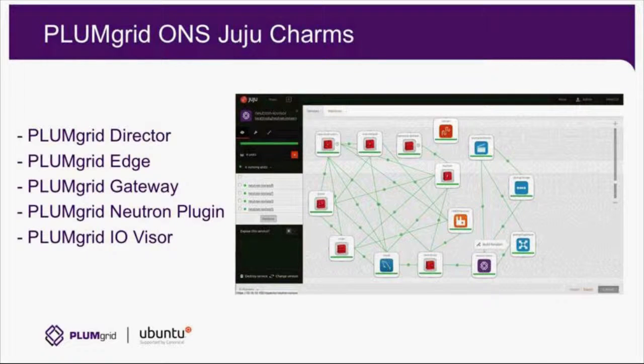As you can see in the picture here, there are the relationships and the bundles that you build for your Juju charms. It's a very graphical, very declarative model, and it really allows you to ensure that when you want to build a cloud that has all these SDN components, the relationships are this way.